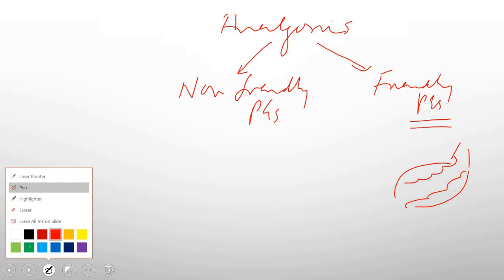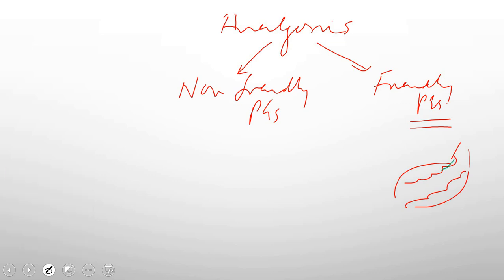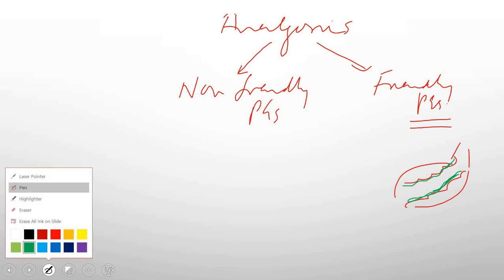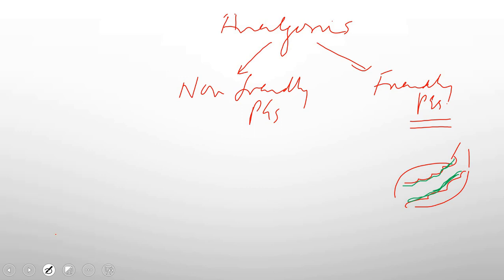So what is important? These goblet cells secrete the mucus and make a protective layer here. But if we block this pathway and this pathway, with drugs like aspirin, what happens? Then neither this will be synthesized nor this will.